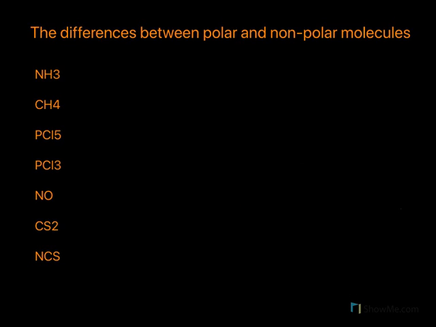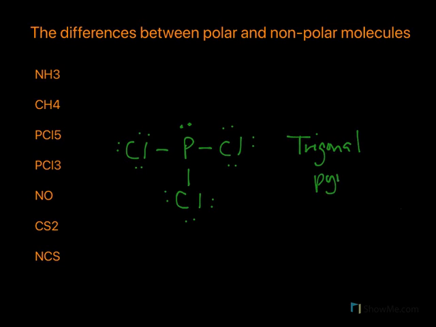Okay, so the next molecule is PCl3. PCl3 has very much the same molecular geometry as NH3. This is the Lewis structure of PCl3. The molecular geometry is trigonal pyramidal.